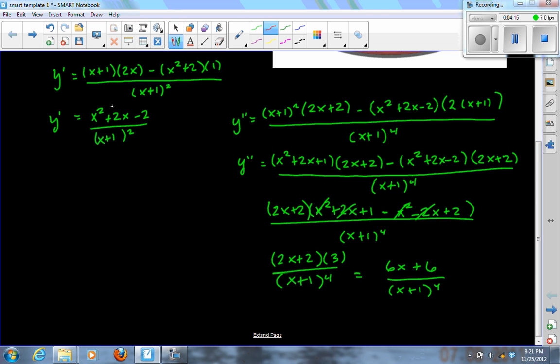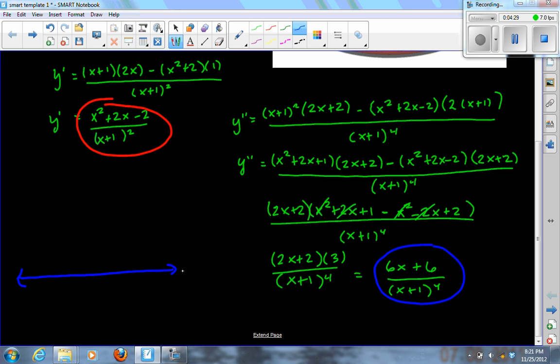So now what I'm going to do is look at my first derivative and my second derivative and make 2 number lines at the same time and look at both number lines. So critical numbers that go on these number lines are where each of those are 0 or undefined. And I can see that at -1, both of these are undefined.